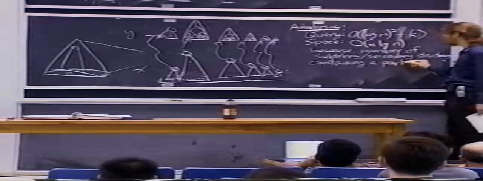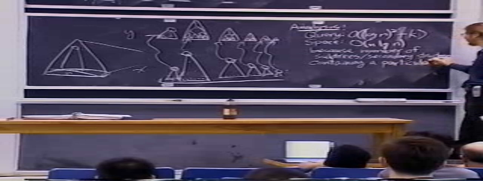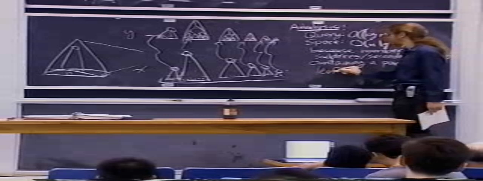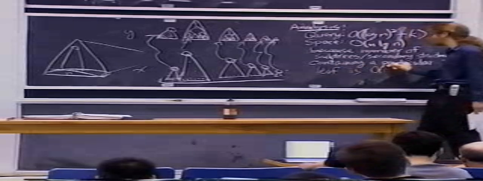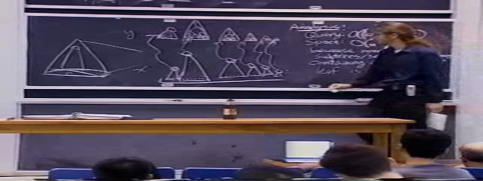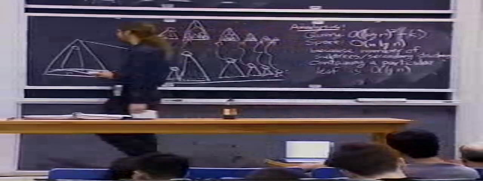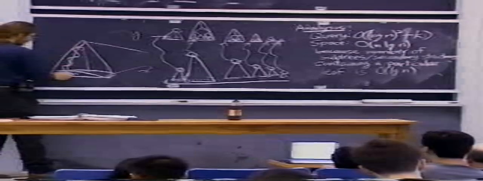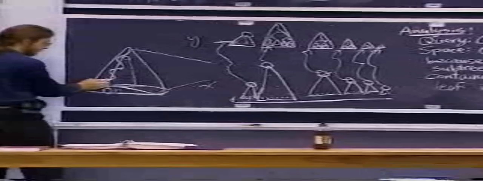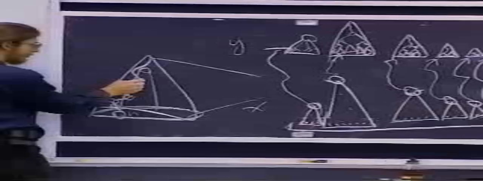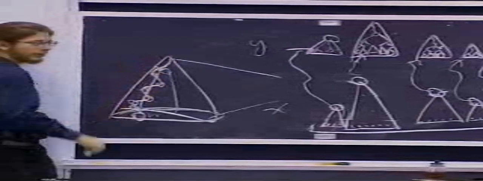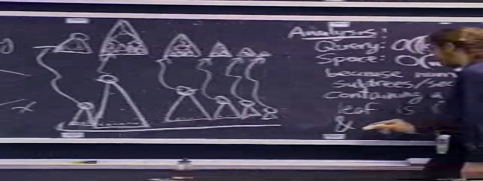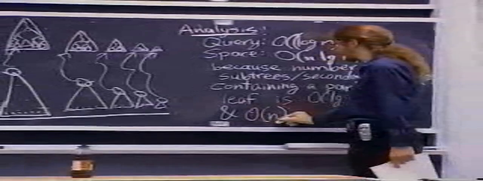So the number of secondary structures, in particular, that contain a particular leaf is only log n. Okay? If you look at a leaf in this tree, you follow its root-to-leaf path. Well, it appears in the subtree rooted at this node, and the subtree rooted at this node, and the subtree rooted at this node, and so on. There's only log n nodes along that root-to-leaf path. Okay? And there's only n leaves.